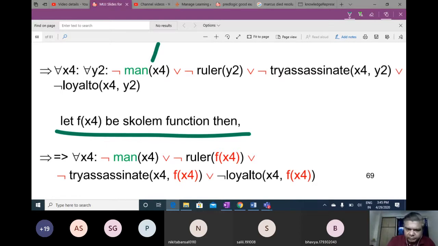Why has he done that? Because y2 is not independent, y2 has to be linked to x4. We are talking about the ruler of a particular person x4, the person we are referring to here. Then only this is true.